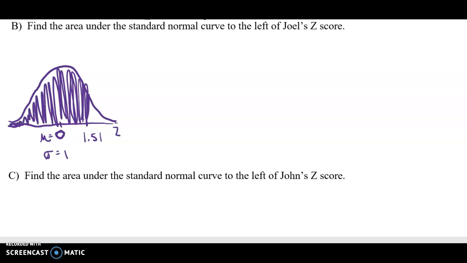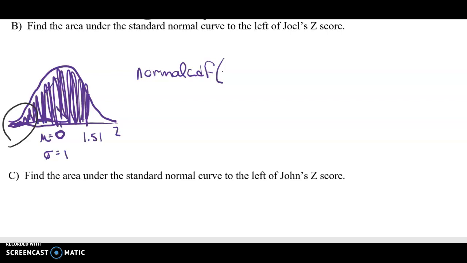You can use a z-score chart to do this, or you can put into your calculator normal CDF. Our lower bound, well, looking at this, there really is no lower bound. It continues infinitely in that direction. So you have to pick a number that's at least 4 standard deviations out.